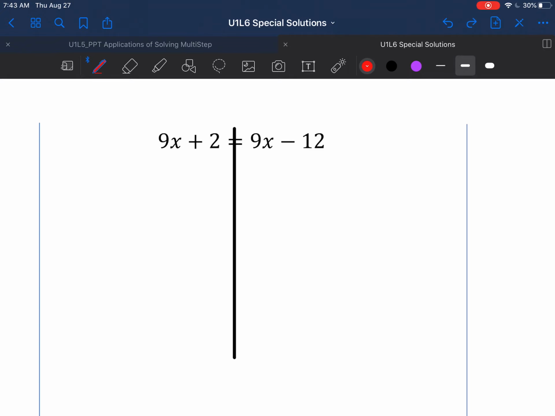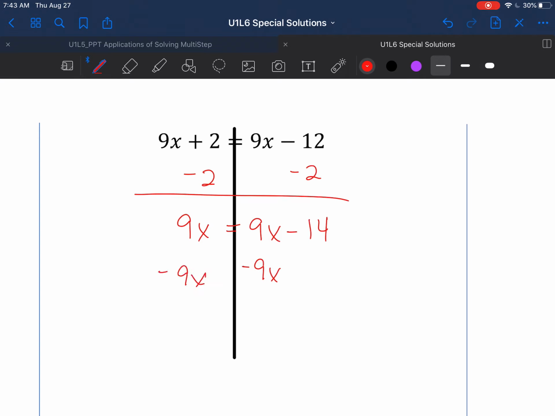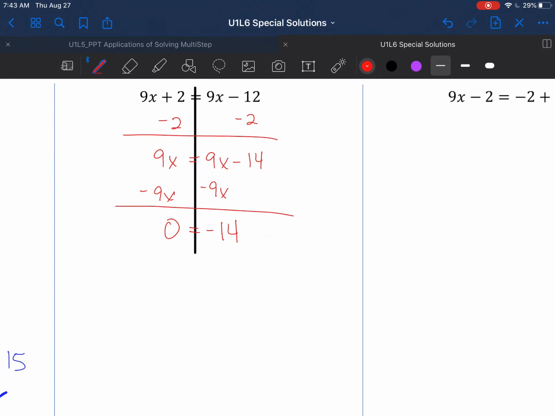If I take away 2 on both sides, I'm left with 9x is equal to 9x minus 14. Well, I need to get all my variables on the same side, so let's take away 9x on both sides. I'm left with 9x minus 9x is 0 equals 9x minus 9x is, again, 0, but then I have that negative 14. So I have a statement that says 0 equals negative 14.